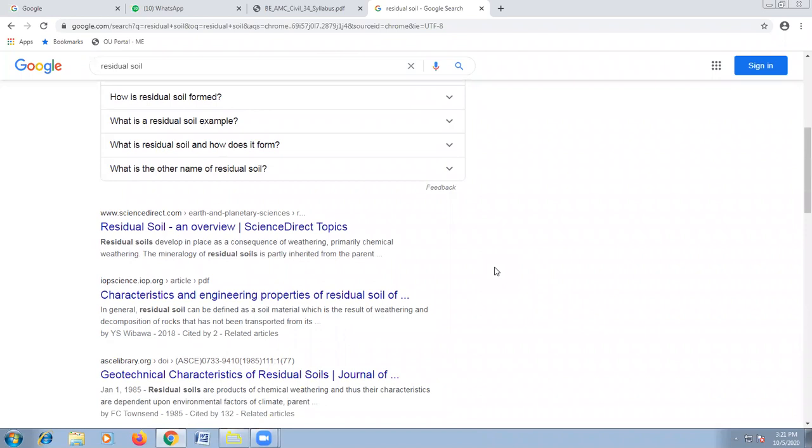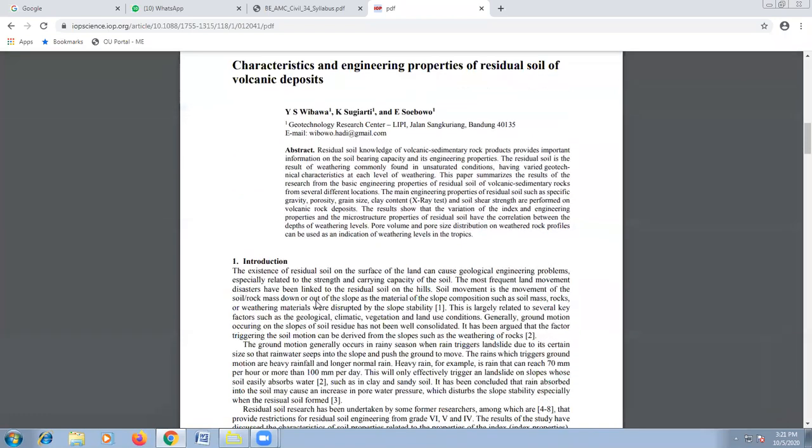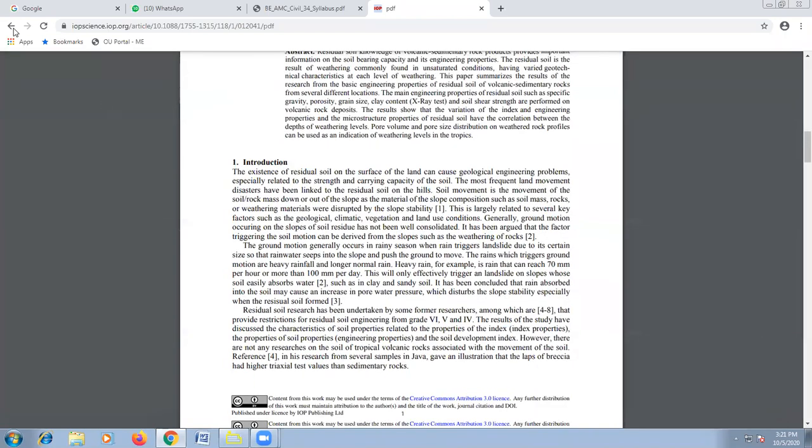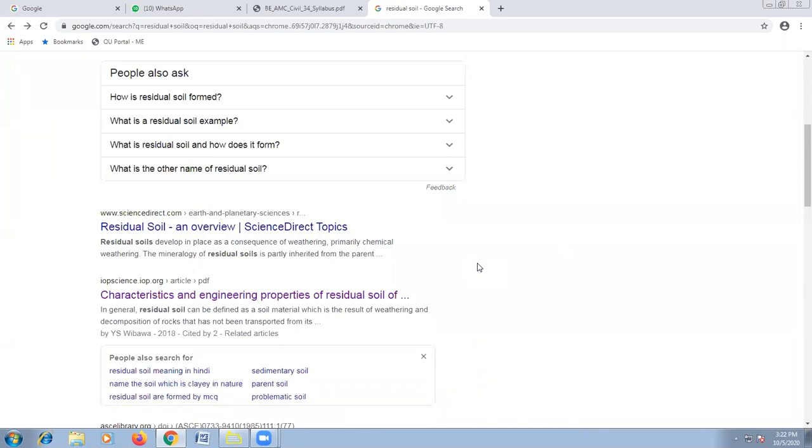Depending upon the climate, topography, and other factors like the time period of soil formation, we may come across deep residual soils. Also the thickness of soil changes from place to place.